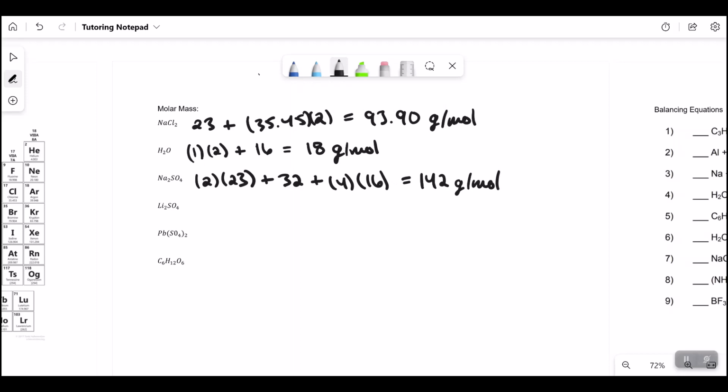And on the next 3, we can do this similar process, and we should get for Li2SO4, we should get 109.88 grams per mole.